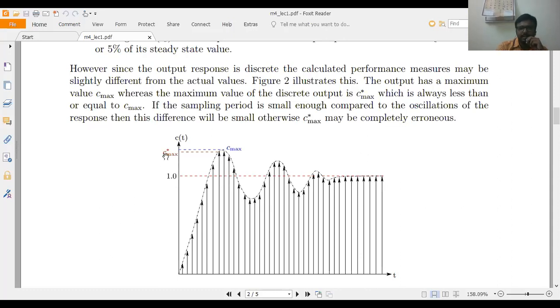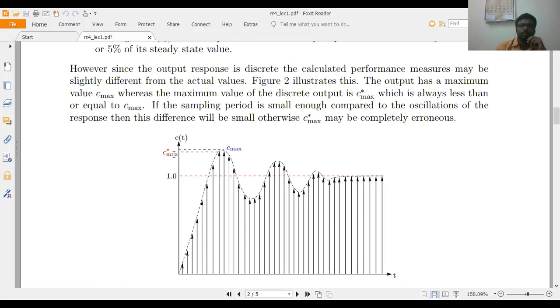Therefore, the difference between C max and C max conjugate, while talking about the oscillations, that means whenever a disturbance happens, will be negligible if the sampling period capital T is considered a small value.